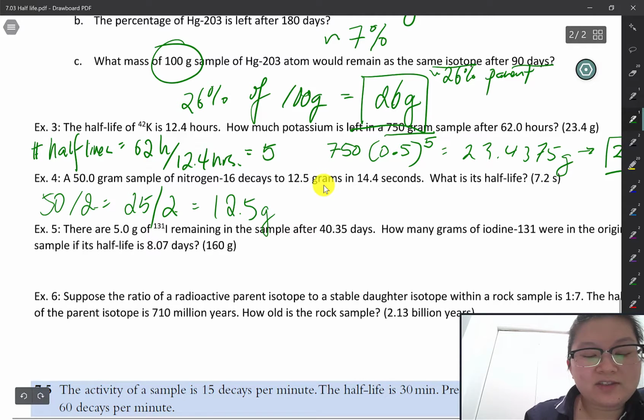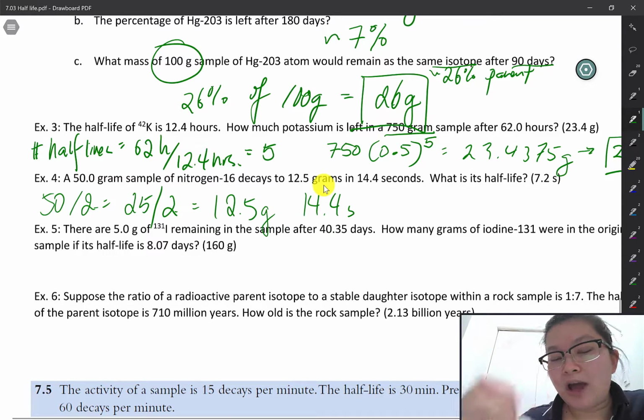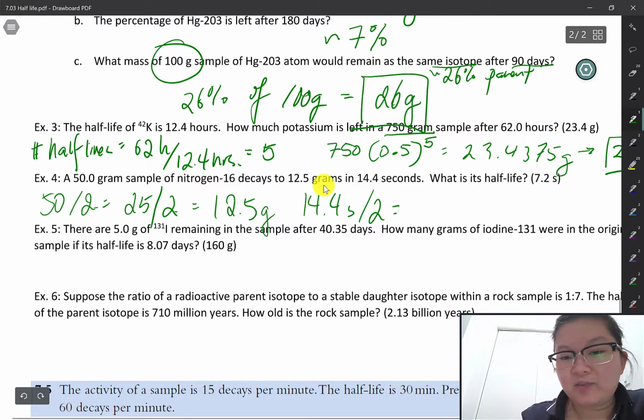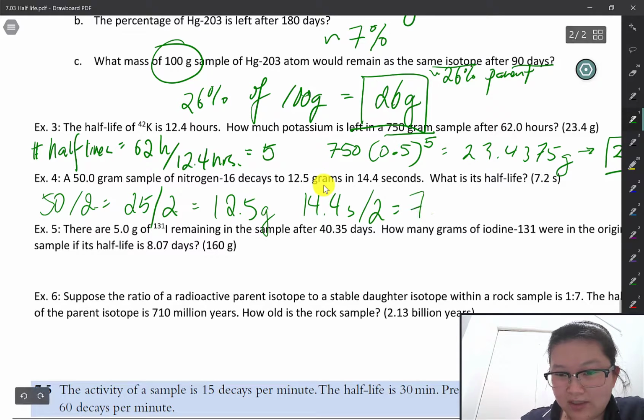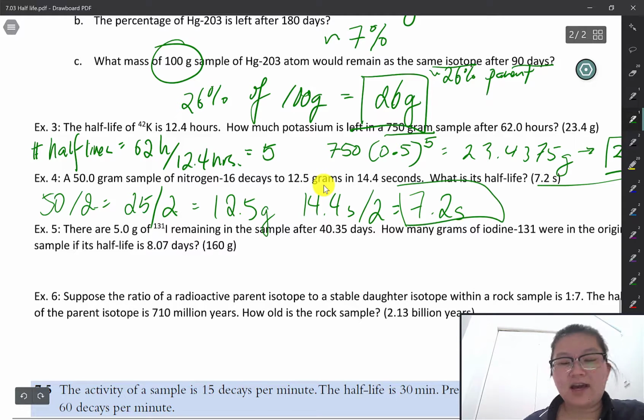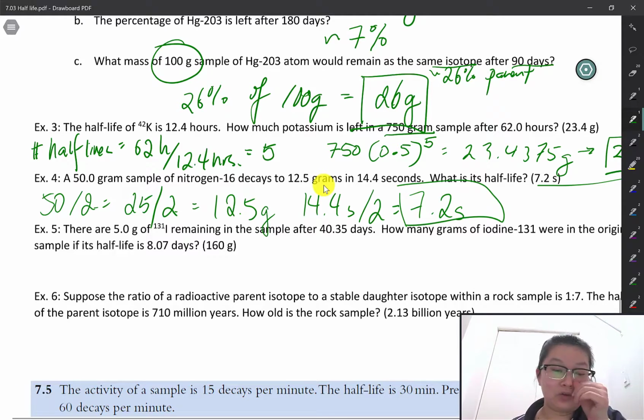So we have this 2 times, which means 14.4 seconds is equivalent to 2 half-lives. If we divide this by 2, that gives us the time for 1 half-life, which is 7.2 seconds. And there you go. That is how we figure out the half-life.